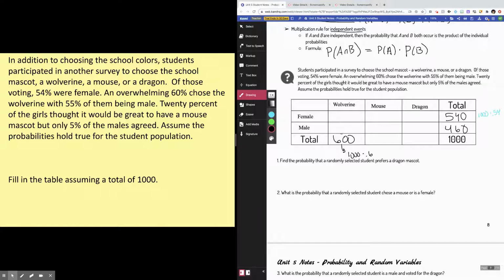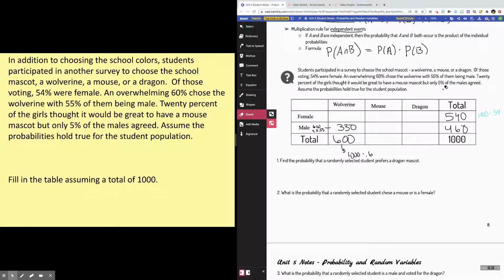So to get this number, I would have to do not 1,000 times 55%, but 600 times 55%, right? So when you do that, you get 330.